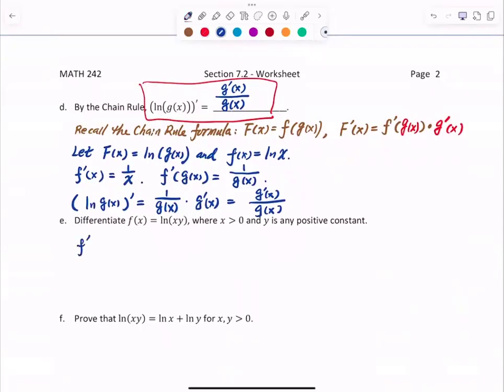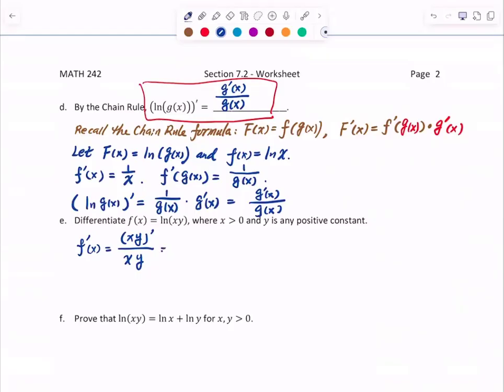So f prime of x, based on the formula: it's not ln of x, so it's the chain rule. That's the derivative of xy over xy, because that's just g prime over g. The derivative of ln of x is 1 over x. Anything else, chain rule.